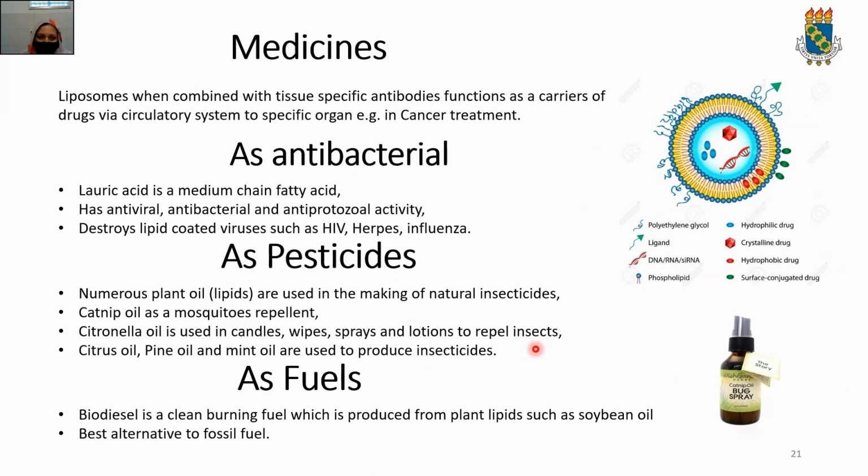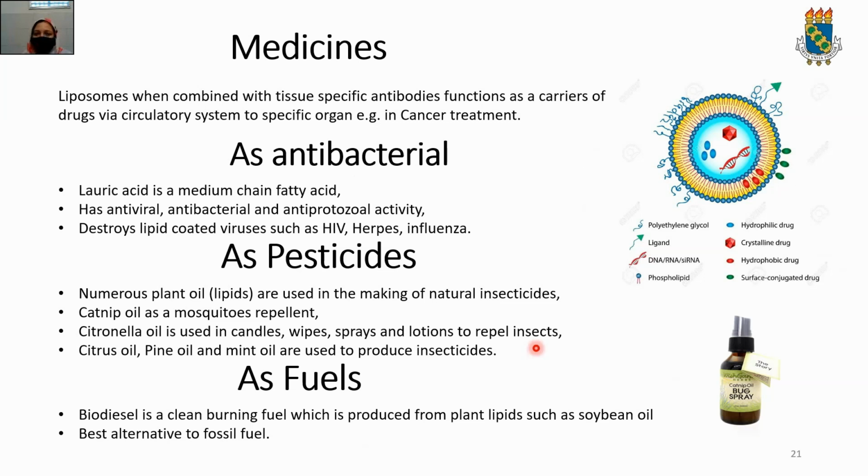As medicines, liposomes, we discussed in the initial slides that they form different structures in water like micelles, vesicles, and these micelles further combine to form the liposomes. So these liposomes, when combined with different tissue specific antibodies, function as carriers of drugs via the circulatory system to specific organs.